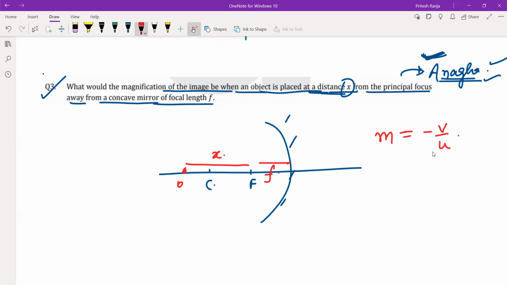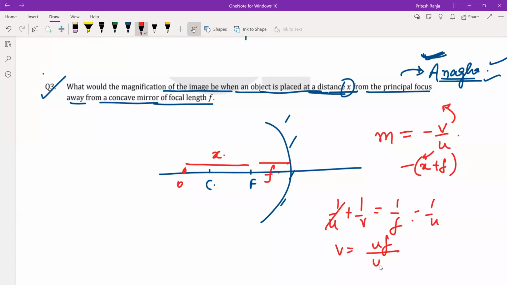In this case, what will be the object distance here? Minus x plus f, sir. My whole, minus x plus f, negative. And what will be the image distance? We do not have that. So we can use the formula 1 by v plus 1 by u equal to 1 by f. From here, v will be u into f by u minus f.